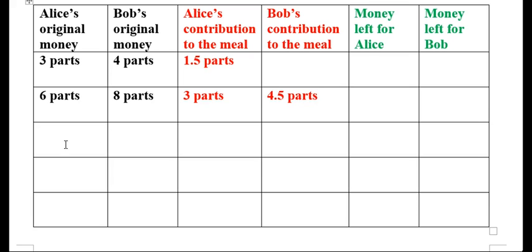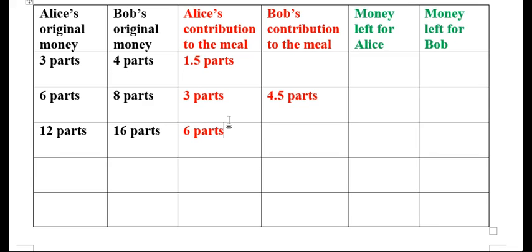So we will try another combination to make our calculation easier. On the third try, let's assume originally Alice had 12 parts of money, and Bob would have 16 parts of money, so that the money are in the ratio of 3 to 4. 12 to 16 is 3 to 4. Alice's contribution to the meal is half of her money, so her contribution would be 6 parts.